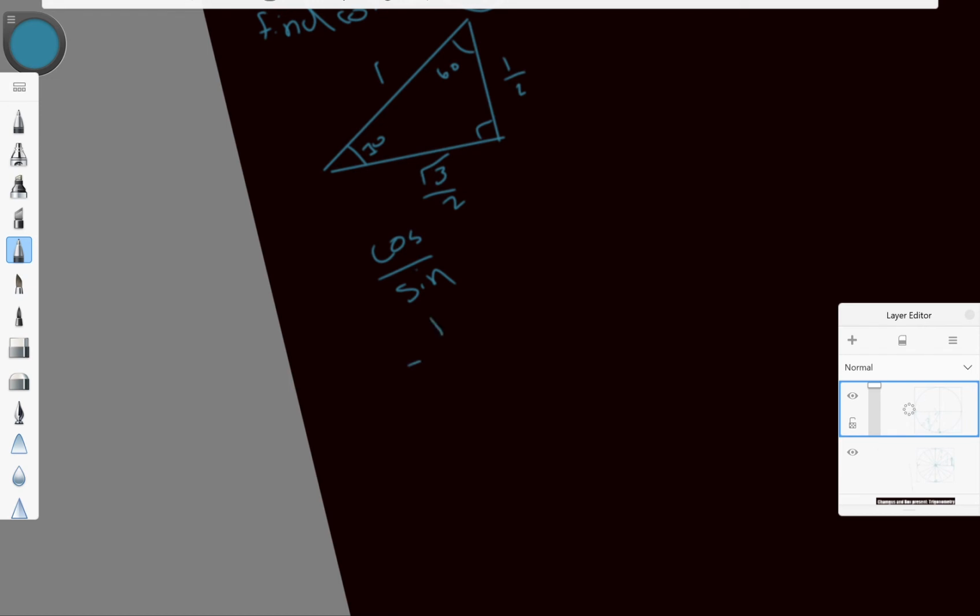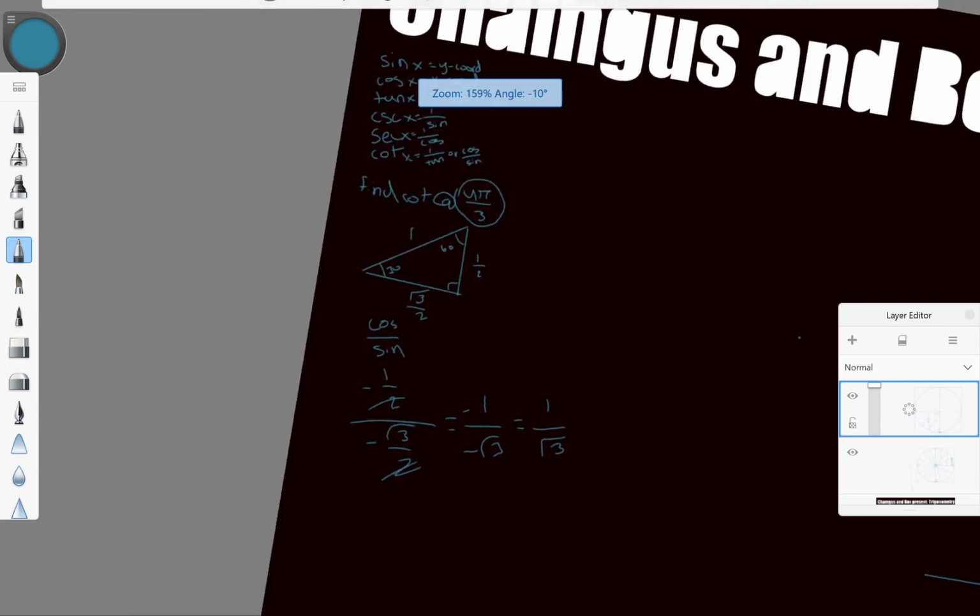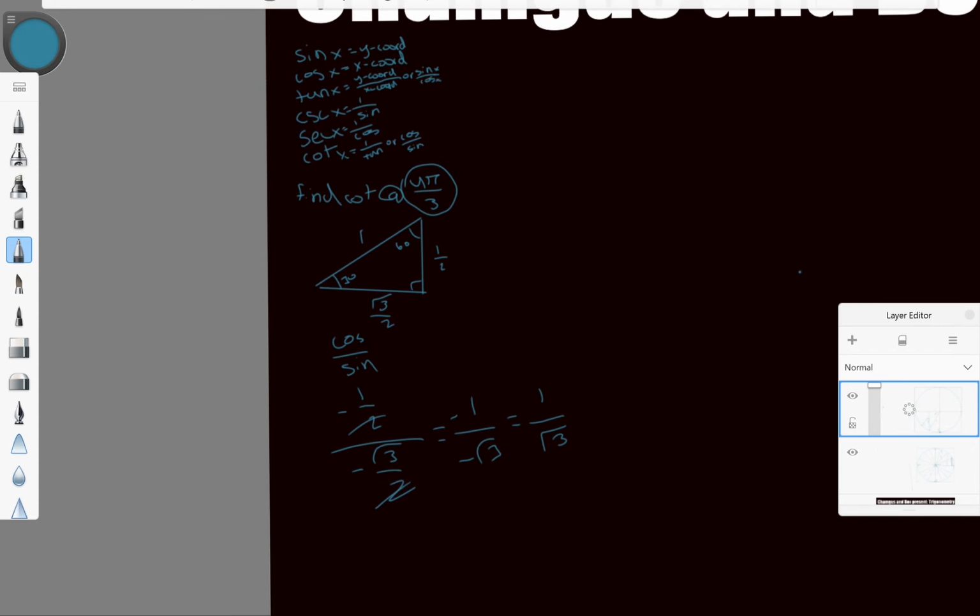Let's write negative 1/2 over negative root 3 over 2. Right? 2's cancel. Negative 1 over negative root 3. 1 over root 3. And you don't have to really rationalize the denominator. You can, but why? So we know that cotangent at 4 pi over 3 is 1 over root 3.